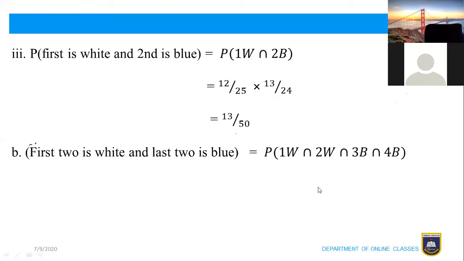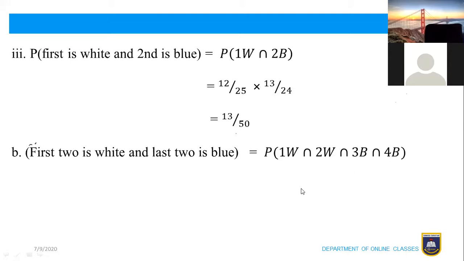So the probability that the first is white and the second is white, and, as you were told, the third ball is blue and the fourth is also blue.